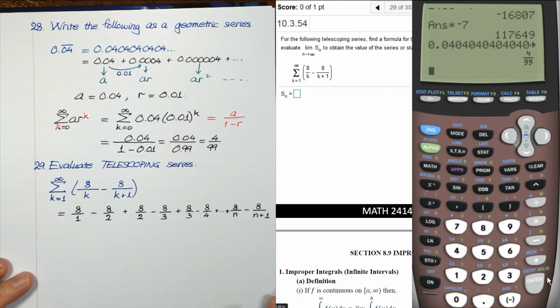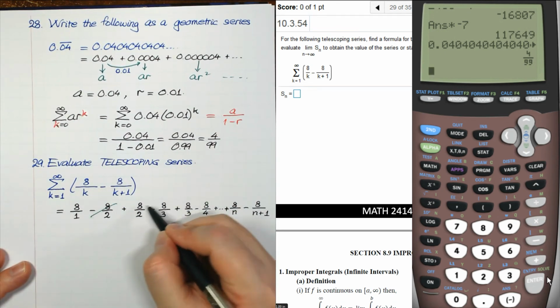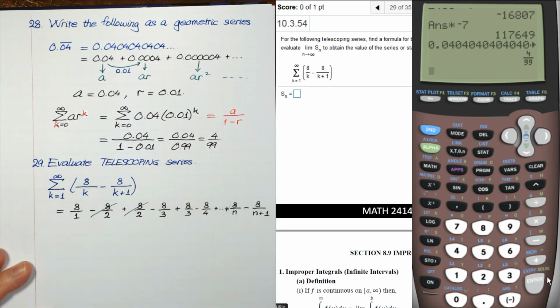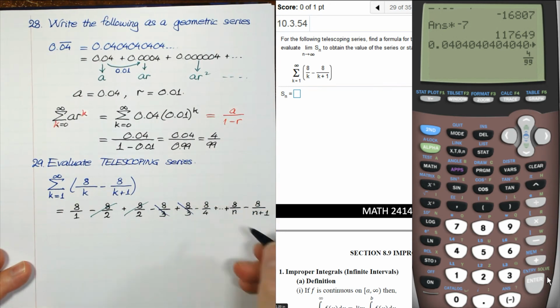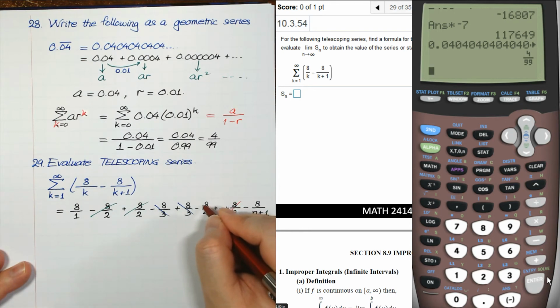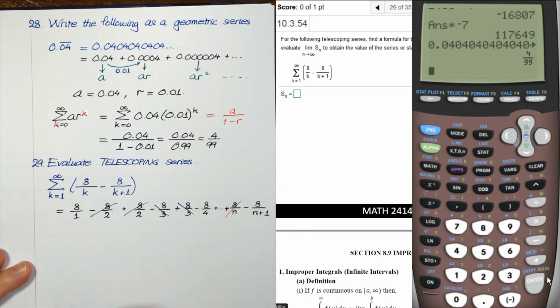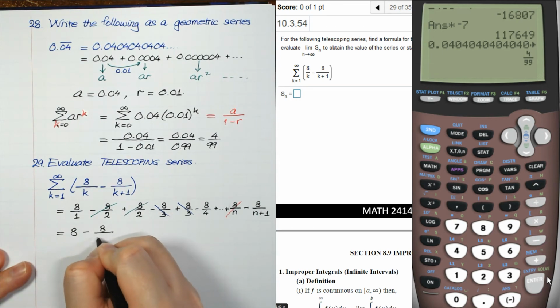It is called telescoping because it cancels everything. And the next one, of course, we cancel that one too. Pretty much we only have the first term is A and then A over n plus 1.